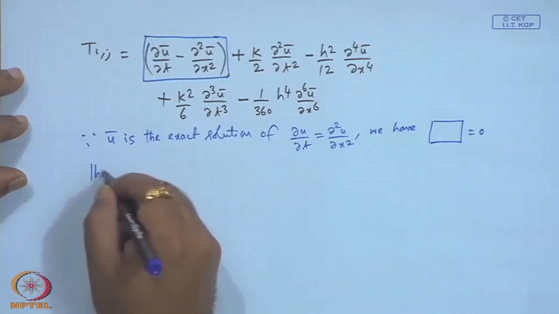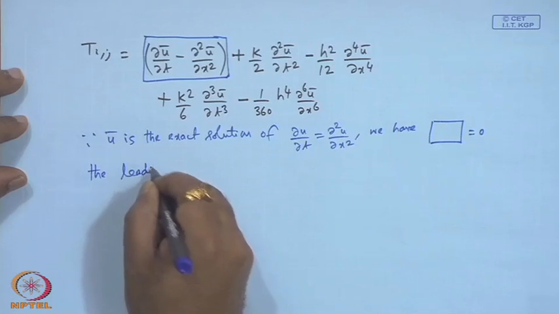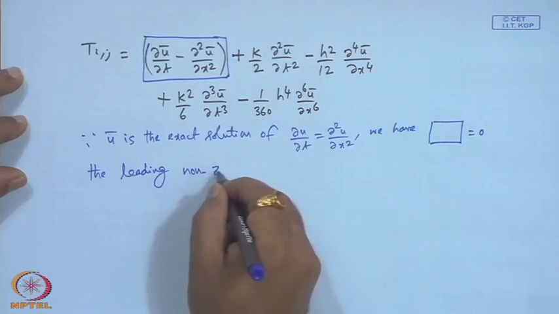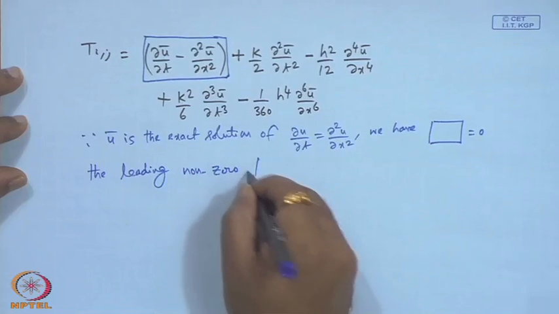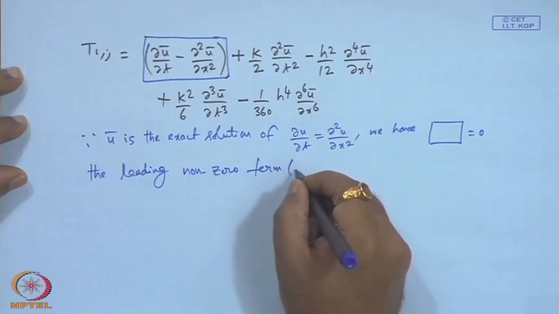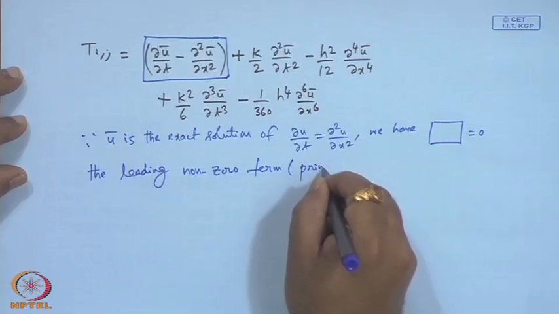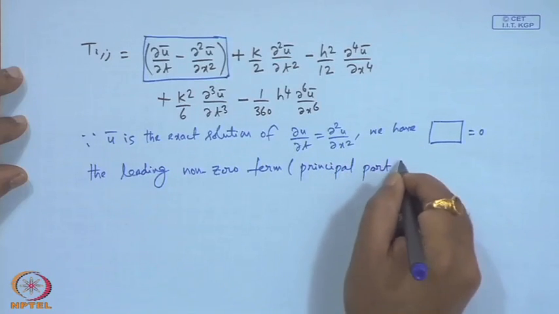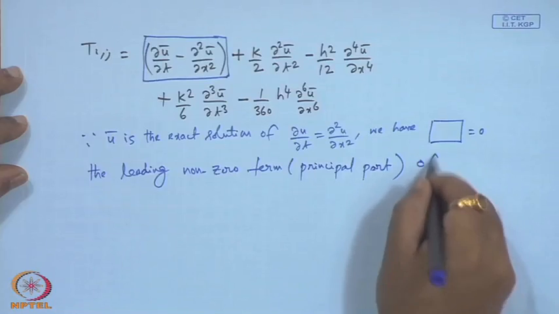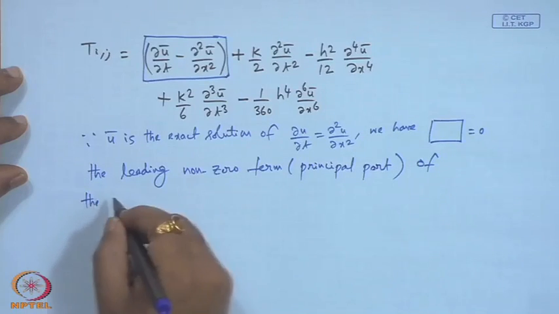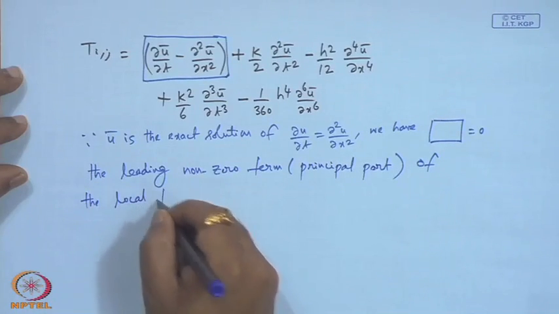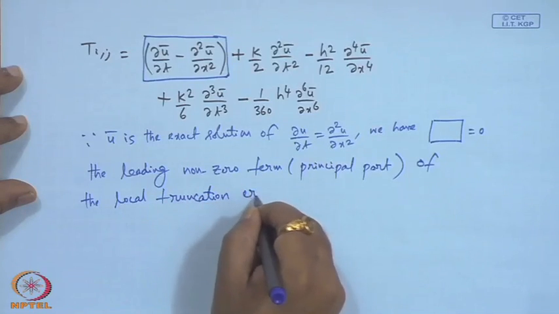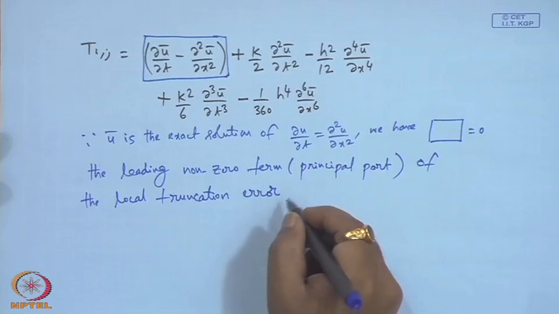The leading non-zero term is called the principal part of the local truncation error.